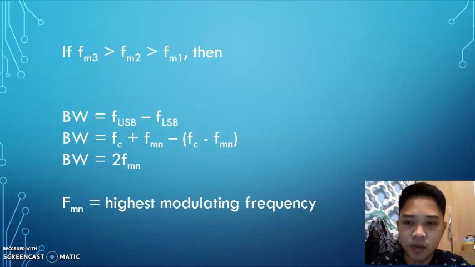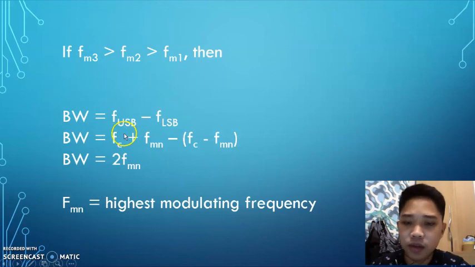The frequency of the upper sideband can be broken down into this formula, which is F sub C plus F sub Mn. This part of the formula is derived from the frequency of the lower sideband.